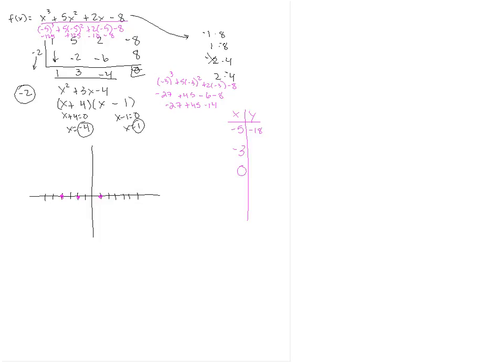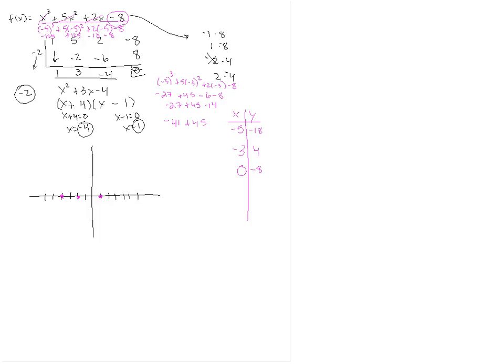So negative 41 and positive 45. So you get 4. All right. And if I plug in a 0, what's my answer? Negative 8. That's why 0 is the easiest.